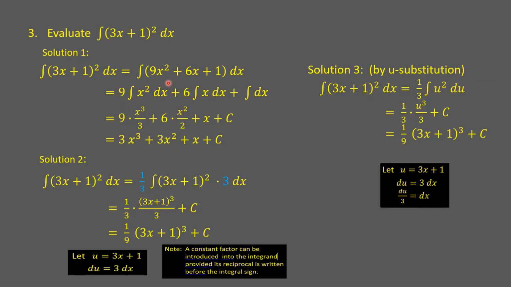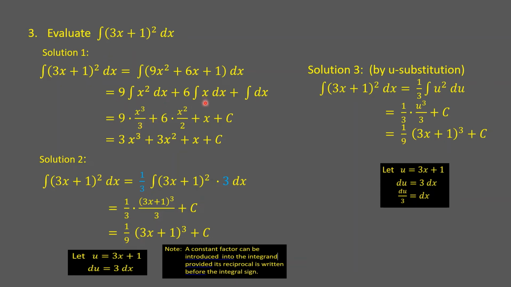And if we are going to evaluate the integral term by term, then this would result in 9 times the integral of x² dx plus 6 times the integral of x dx plus the integral of dx. Evaluating the integral of x² dx by the power rule will just give us x³ over 3.